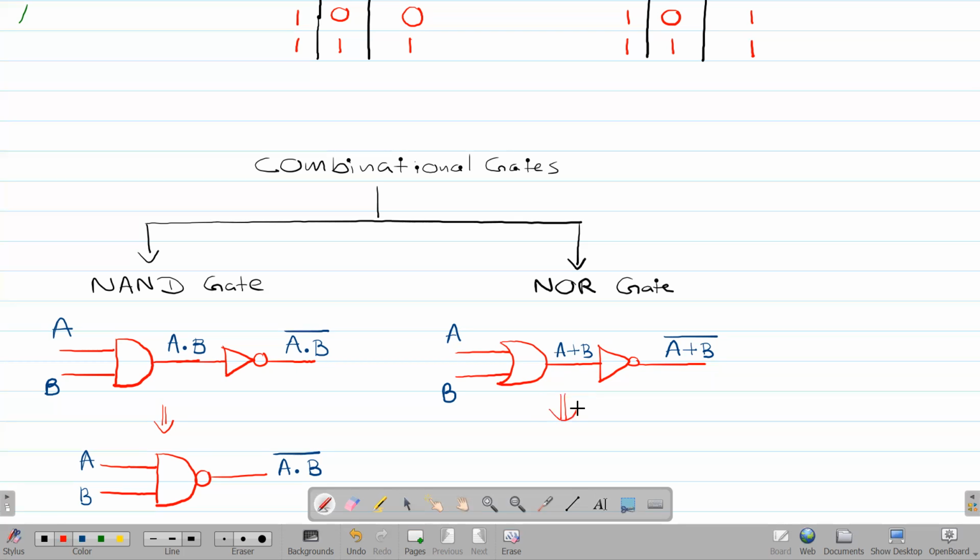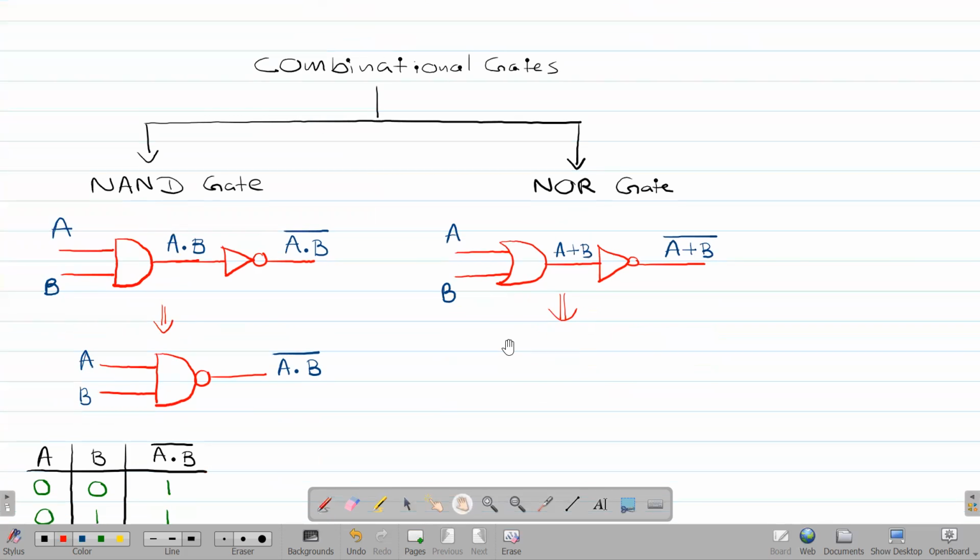The final symbol, the NOR gate symbol, can be drawn like this. So A and B give you A plus B's total bar.